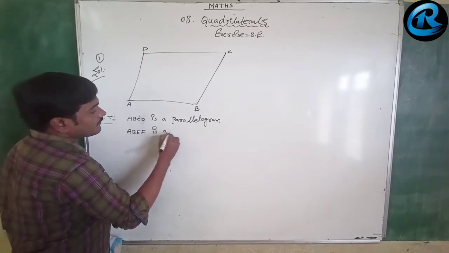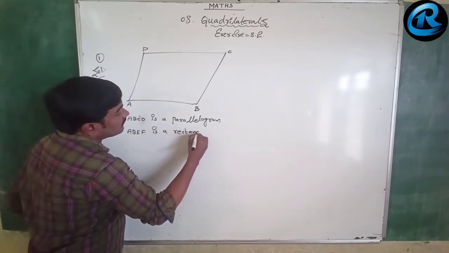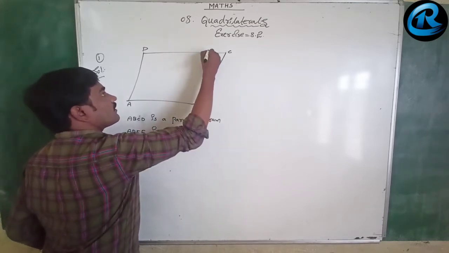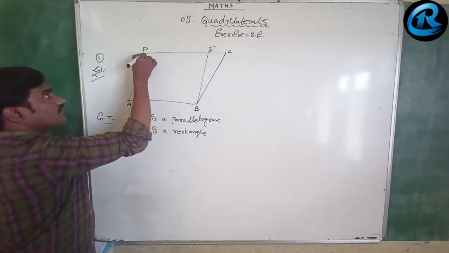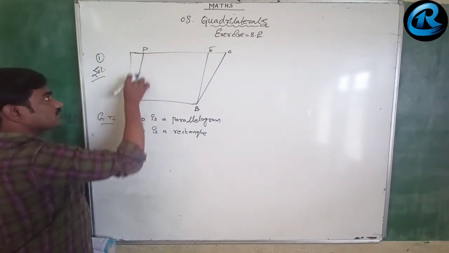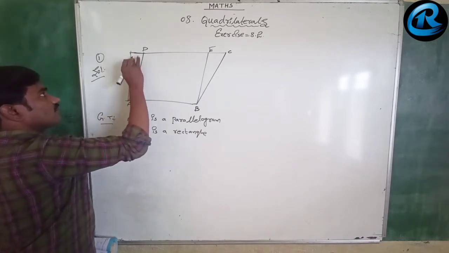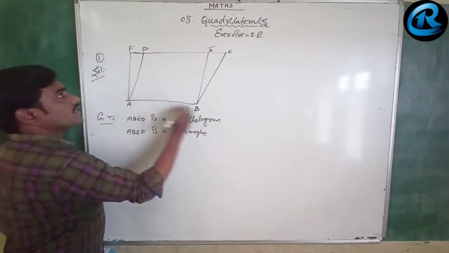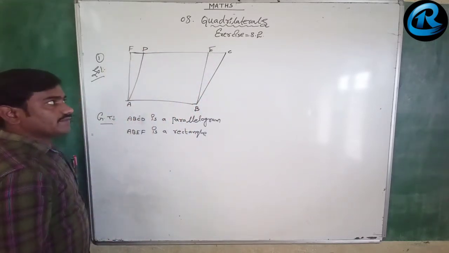Where is the rectangle here? A, B, E, F, ABEF. This ABEF is a rectangle.